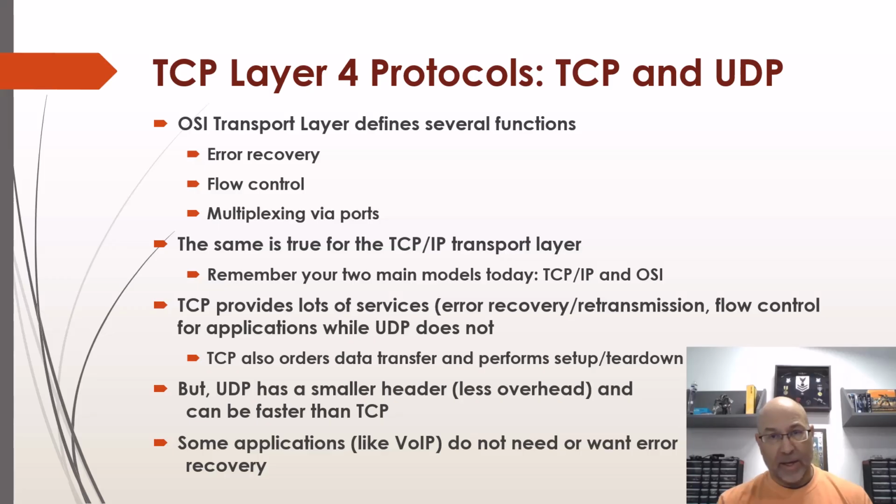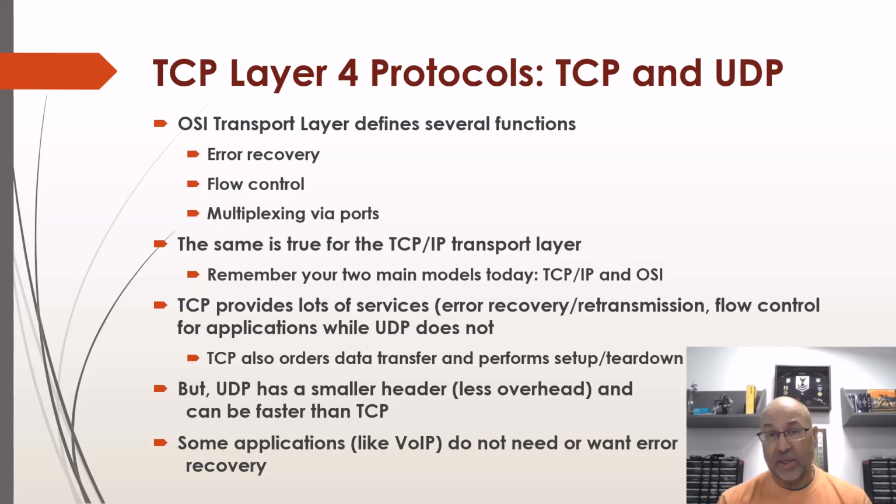There are not a lot of OSI protocols that people use on a regular basis. We much more favor the protocols that are in the TCP/IP model. But both models call layer 4 the transport layer, and both of them have the same functions at layer 4. Most notably, things like error recovery, flow control, and then multiplexing via ports.